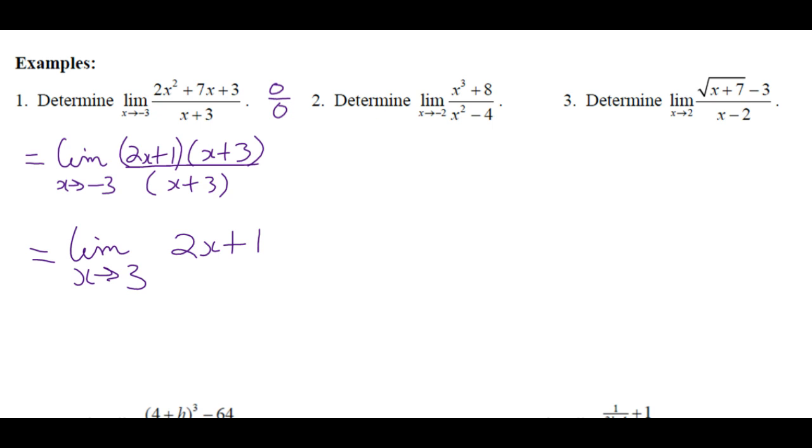So we're now canceling the x plus 3's, and now we can drop the limit because we're going to substitute. Oh, sorry, it's -3. So 2 times -3 plus 1, which is -5. Okay, and important, if you have questions, make sure you ask.